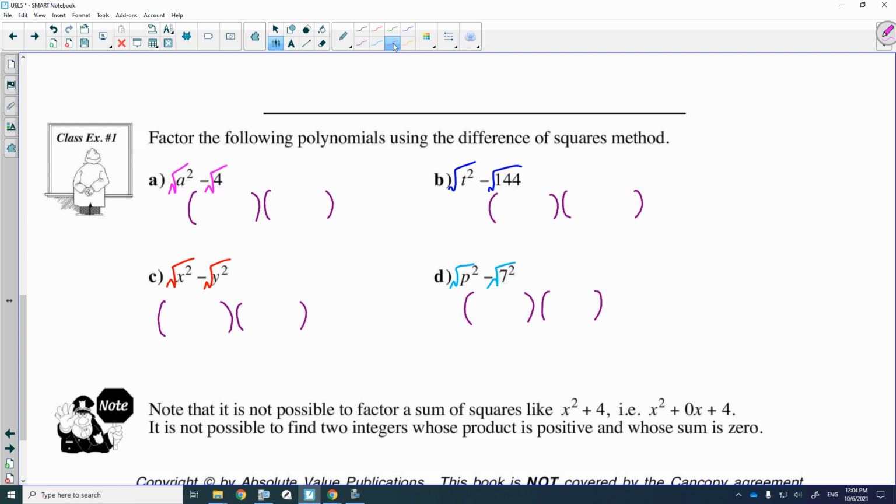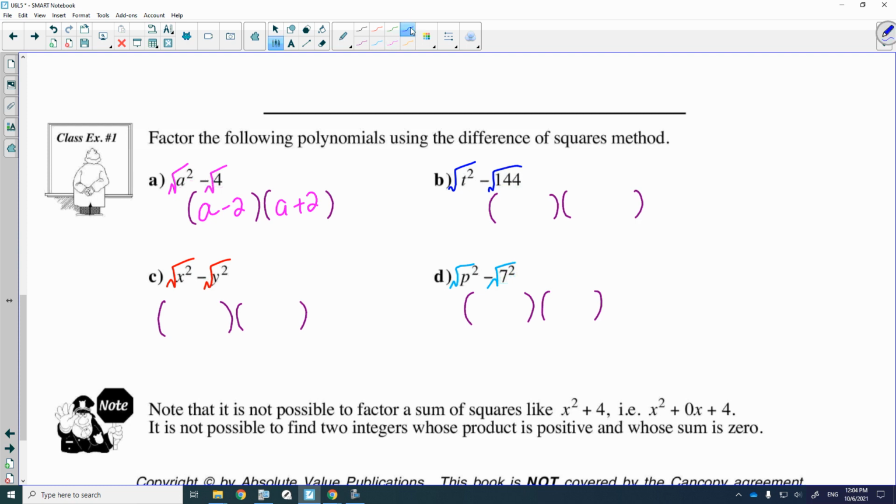Yeah, the last one will get some of you. So for the last one, I'll ask you to raise your hand instead of me picking somebody. Ethan, do you have the first one done? The a squared minus 4. What would the 2 factors of that be? Yep, a minus 2. Second one? Perfect, a plus 2. Next one, t squared minus 144.